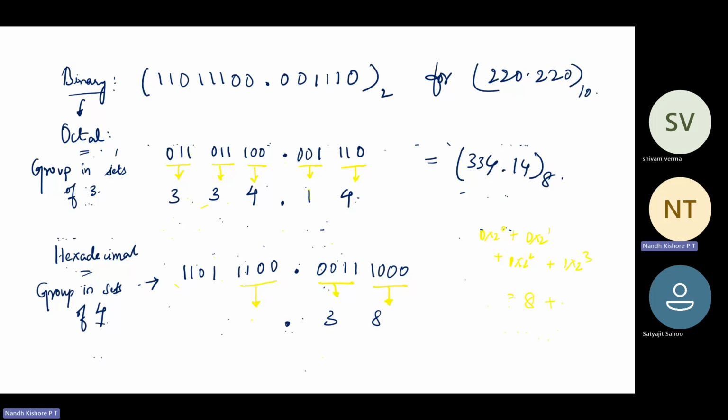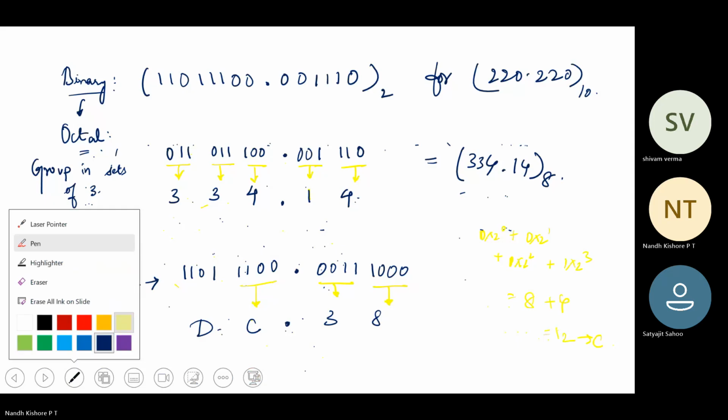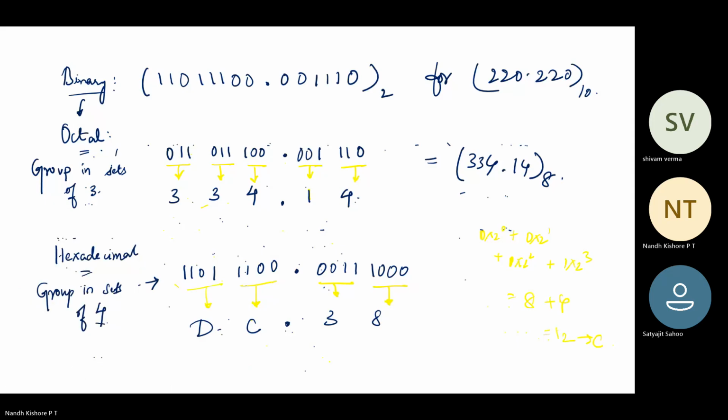Which is 8 plus 4, which is 12, right? So what is 12? 12 is going to be C, right? Represented by the letter C in hexadecimal. Okay. So this is C, and 1101 would be D. So your number in hexadecimal is going to be DC.38.